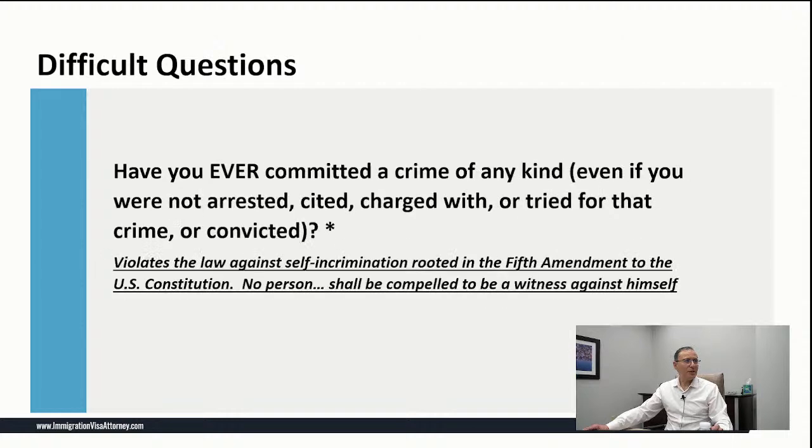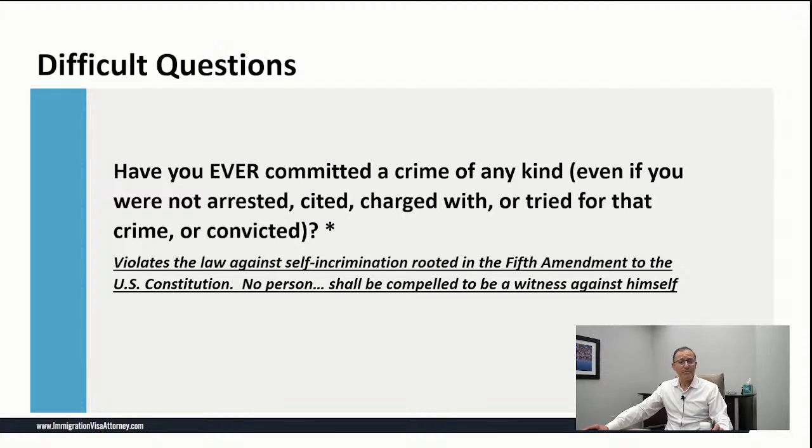So the next one here is also extremely concerning, and it's part of the lawsuit: have you ever committed a crime of any kind? And then it says, even if you were not arrested, even if you were not cited, even if you were not charged with or tried for that crime, or even if you were not convicted.